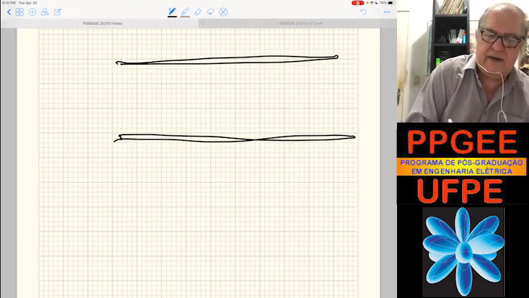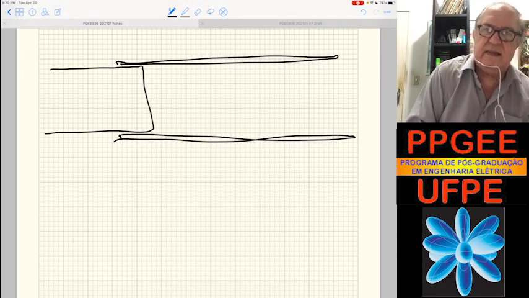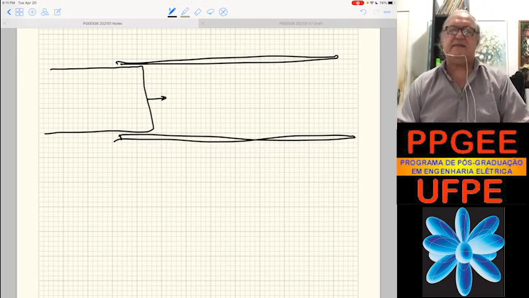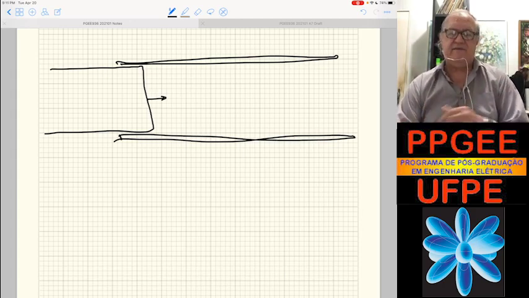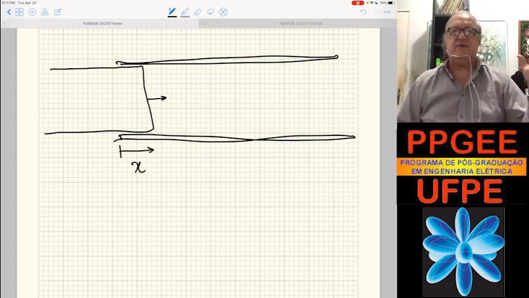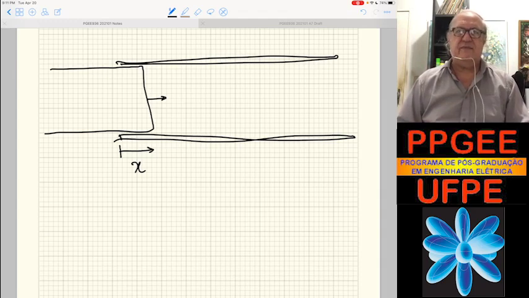Then we are entering with a dielectric material into this. We are trying to see if this dielectric is pulled inside. If I put it in some position x, is this dielectric going to be pulled to the inner of the capacitor, or is it going to be repelled by it?